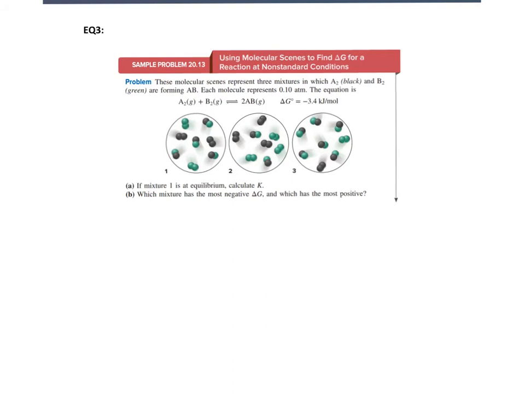So you are tasked with solving A and B. If mixture 1 is at equilibrium, calculate K, and B, which mixture has the most negative delta G and which has the most positive. So again, pause, attempt the problem, come back to see the solution. And if you have any questions, ask them during lecture, or you could ask them during office hours. So pause the video here to try the problem on your own.